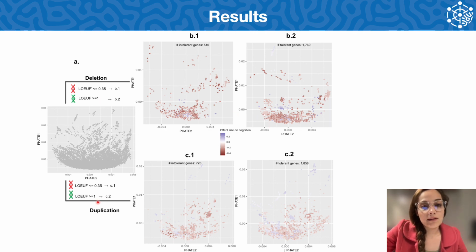We did the same thing for duplication. In general, by comparing these manifolds and gradients, you can see that there are higher negative effect sizes for genes with deletion, both intolerant and tolerant, in comparison with genes that are duplicated.